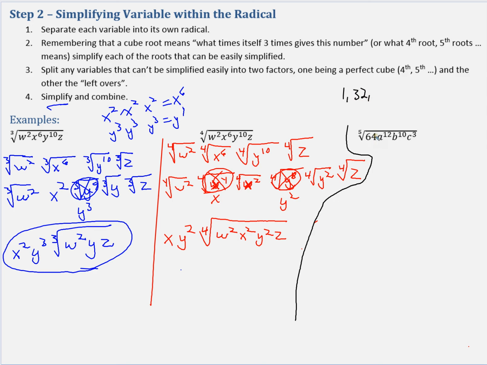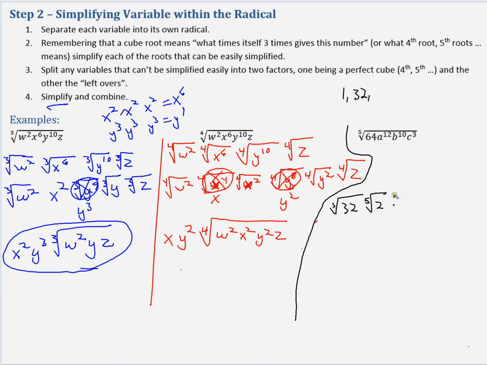So we're going to split this up. We have the 5th root of 32, and then the 5th root of 2, because 32 times 2 is 64.